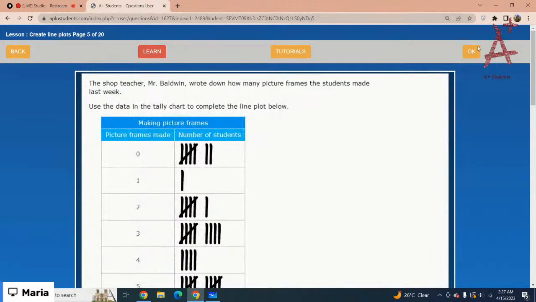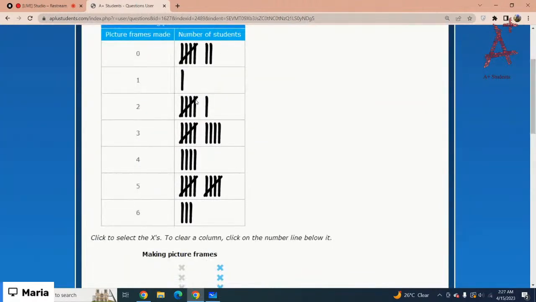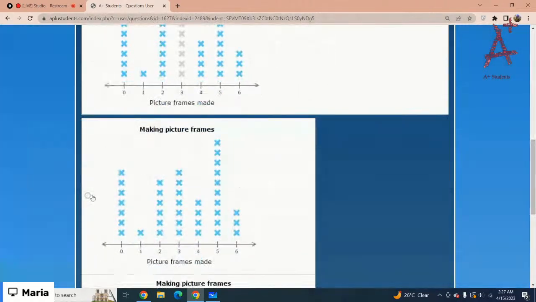The shop teacher, Mr. Baldwin, wrote down how many picture frames the students made last week. Use the data in the tally chart to complete the line plot below. So the values are 7, 1, 6, 9, 4, 10.